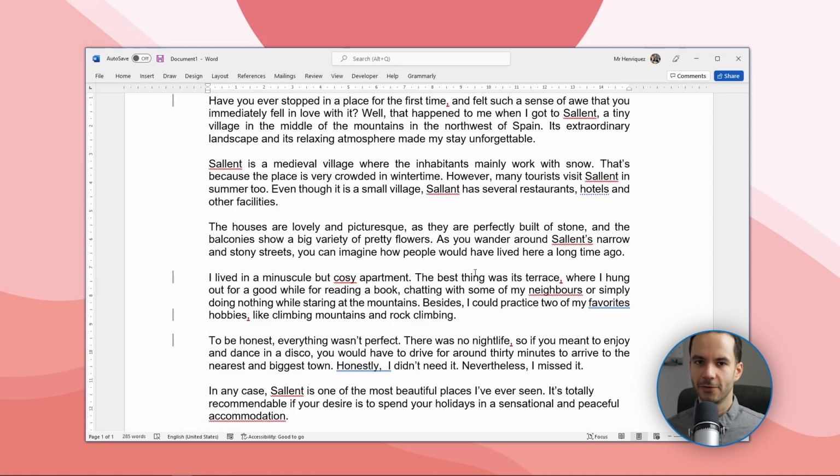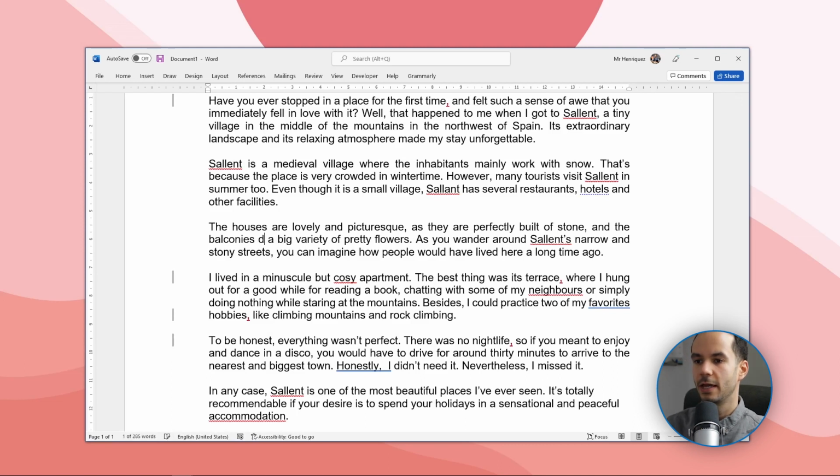Now we've upgraded the vocabulary in this paragraph by adding wander around, but there's one more thing, or two more things, we can do to upgrade the vocabulary. Now here we have the sentence, and the balconies show a big variety of pretty flowers, and we can change this to make it a bit more difficult. Show in this context has a very nice synonym that is at B2 level, and that is the word display.